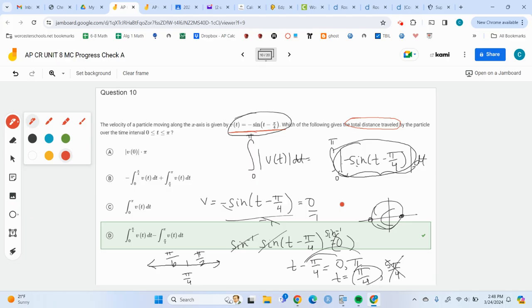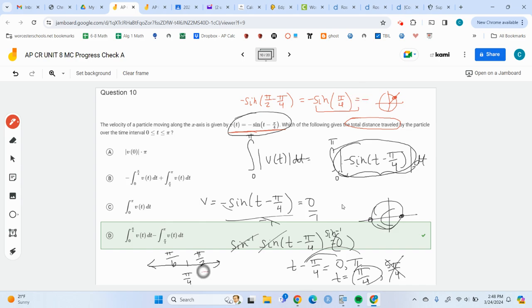Plugging pi over 2 into the derivative, into velocity. That's negative sine of pi over 2 minus pi over 4, which is negative sine of pi over 4. Well, sine of pi over 4 is positive, but it's negative that. So this is a negative value.